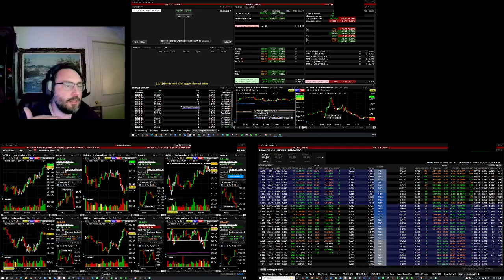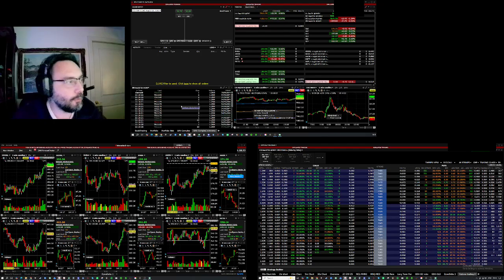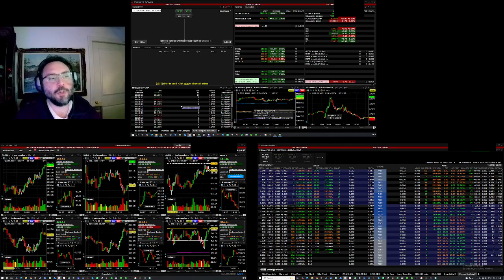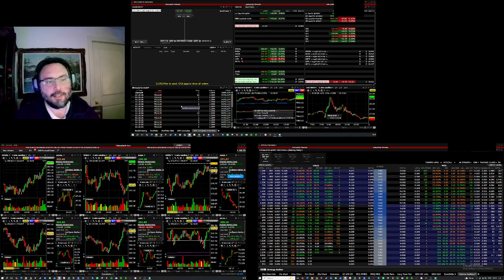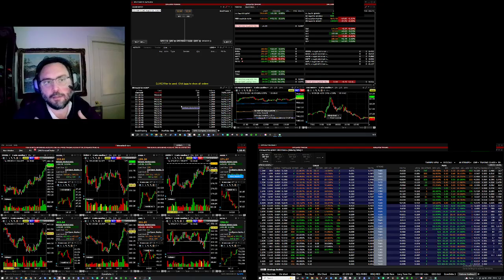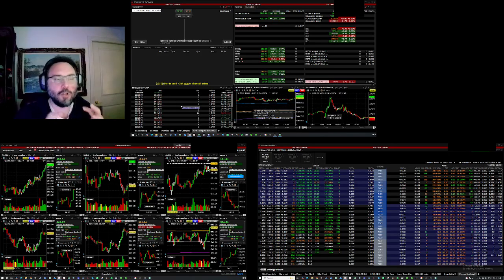This paper account is set up the same way as my real money account. Being an options trader, I want better pricing on options, and I'm usually not trading the underlying. If I was primarily trading the underlying and only very rarely trading the actual option itself, then I'd want to have the account geared to stock trading.